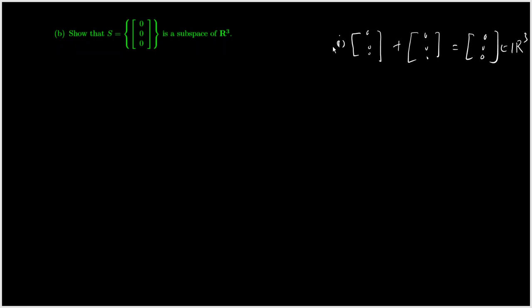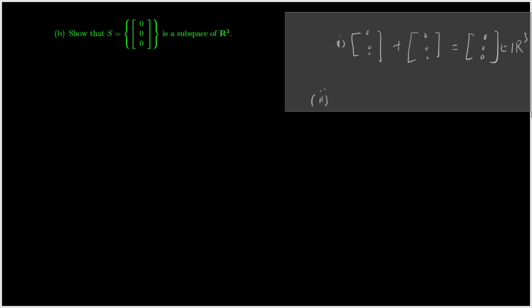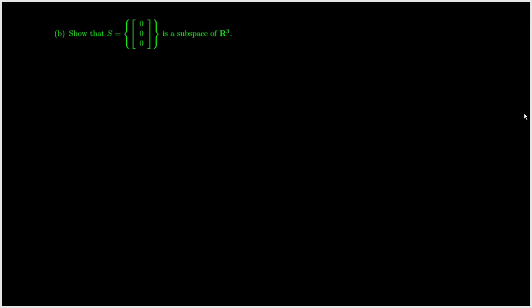Again, I'm not going to write the full solution, but I'm showing you the meaning. And for condition 2, so why not? I will give you the full solution. You choose two arbitrary vectors from S. You have no other choices. The two vectors have to be the same, because the set has only one vector, the zero vector.